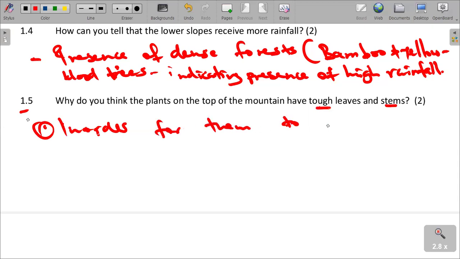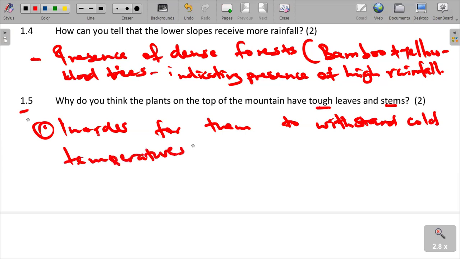They need to withstand cold weather conditions, cold temperatures, and strong winds that also exist on top of the mountain. We also need to understand that on top of the mountain there is high drainage and less water.